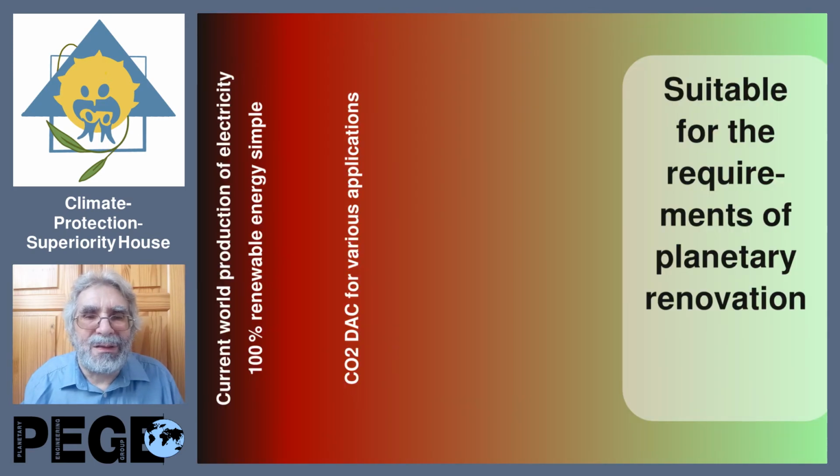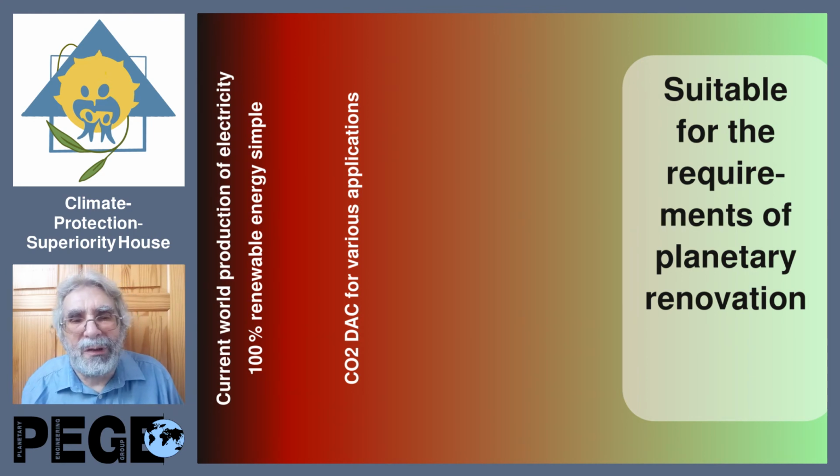Our target with this house is not 100% renewable energy. This is only in between the real target. Just right now, humanity produces about 30 petawatt hours of electricity per year. With a very simple living standard, we could make it with 60 petawatt hours electricity for 100% renewable energy.